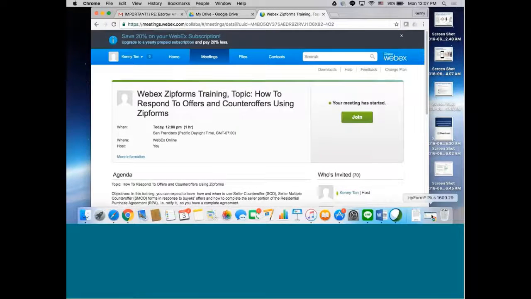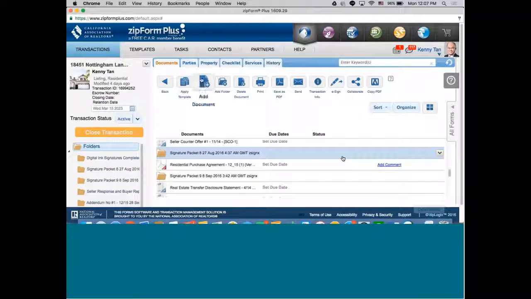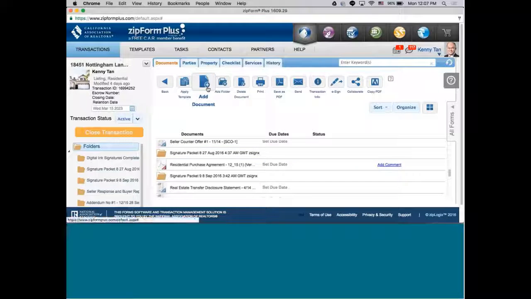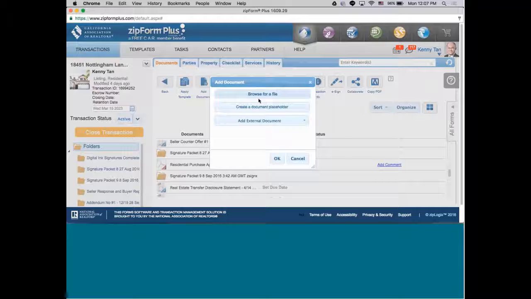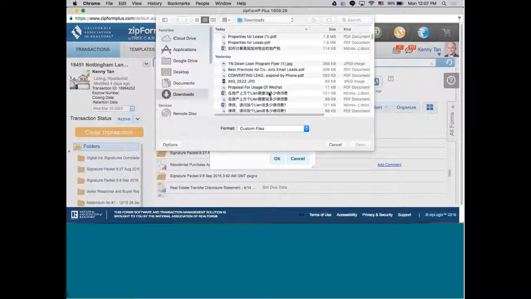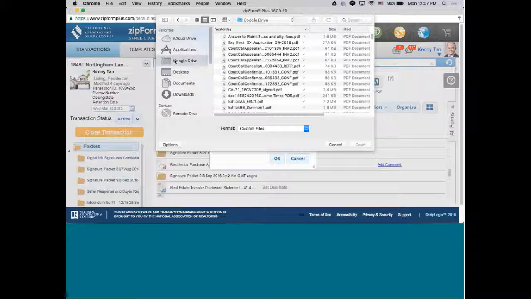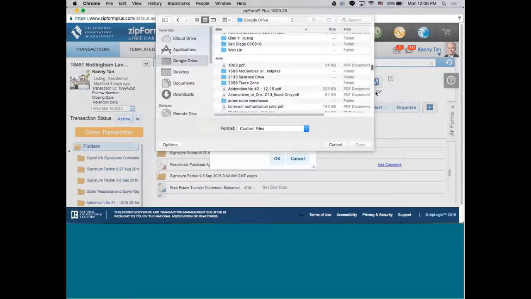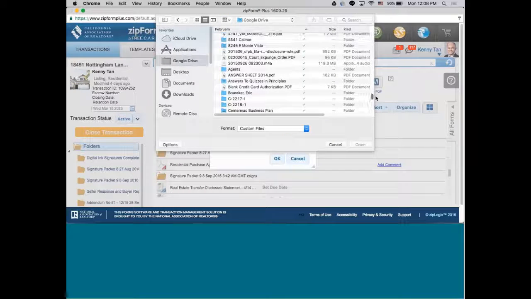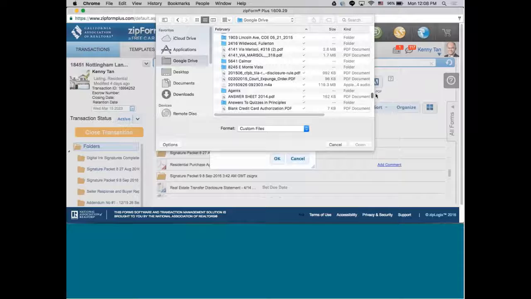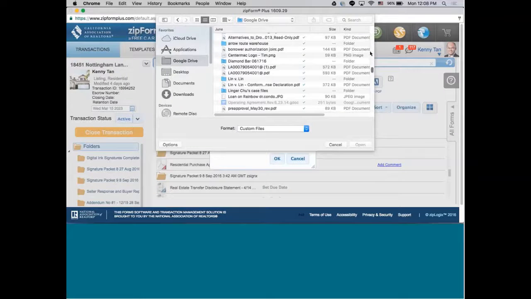Now, if I want to import something, let's say a document, I'll first browse for a file, and I look for my Google Drive here, and let's say I look for a particular file.